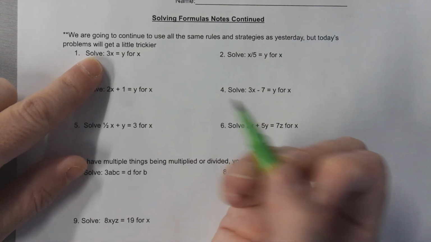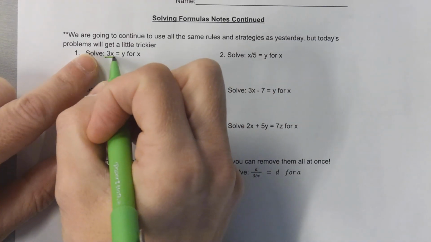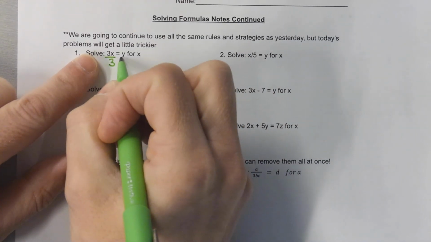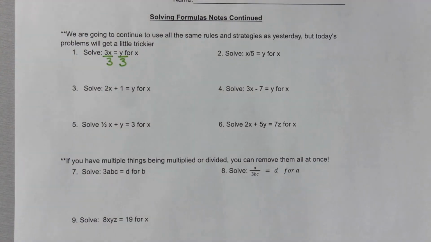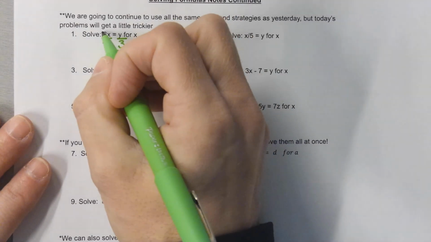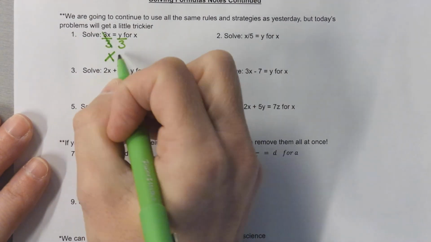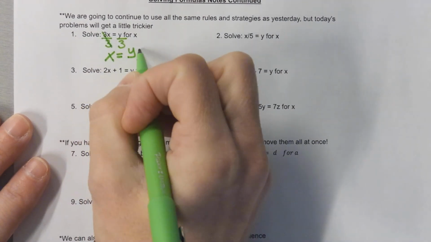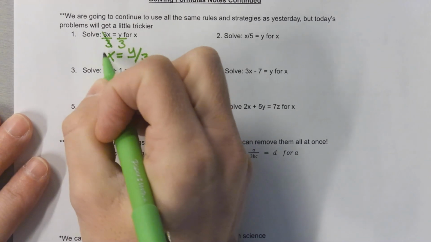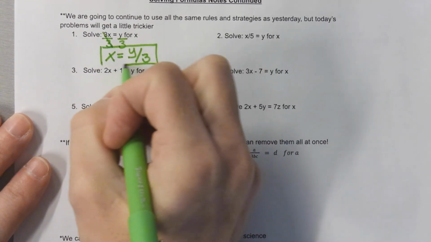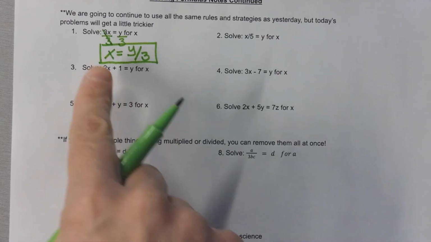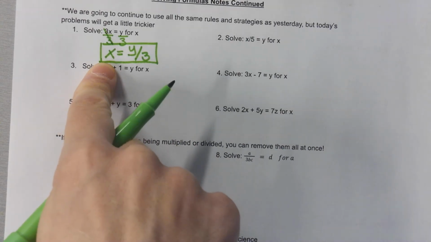So what's the opposite of multiply? Divide. So I'm going to divide the 3 away on both sides. So these 3's disappear, and I get x equals y over 3.